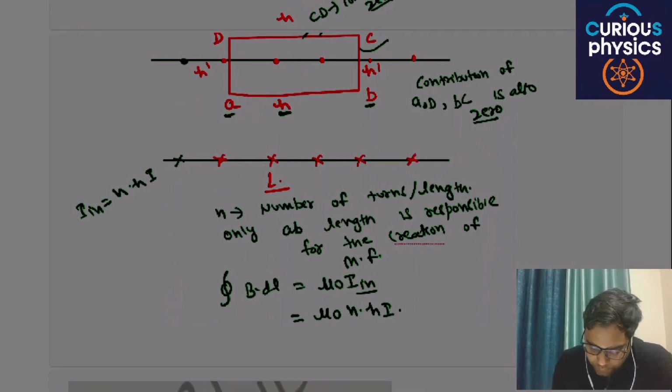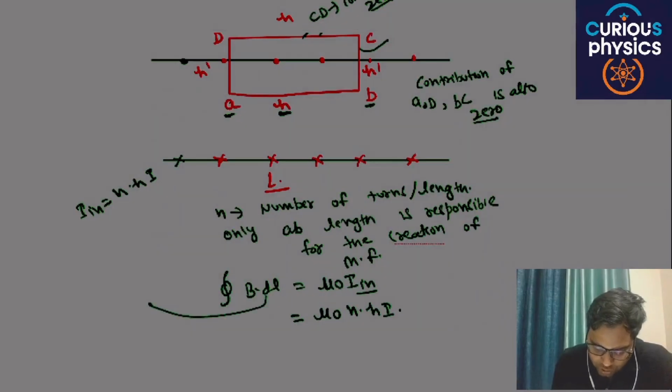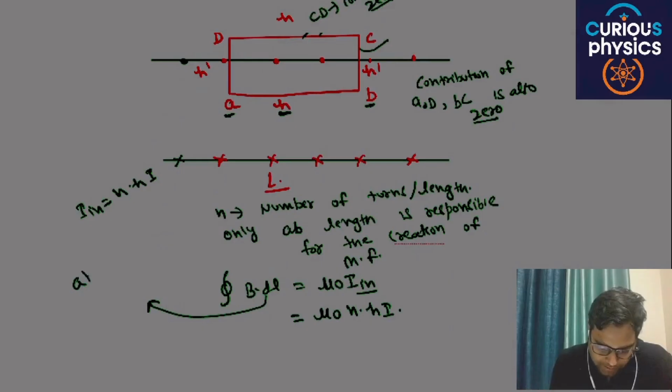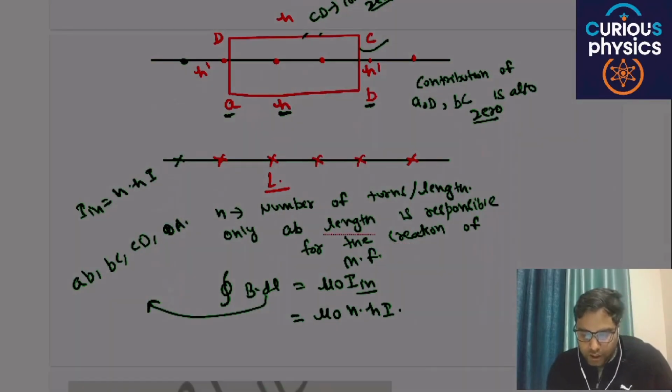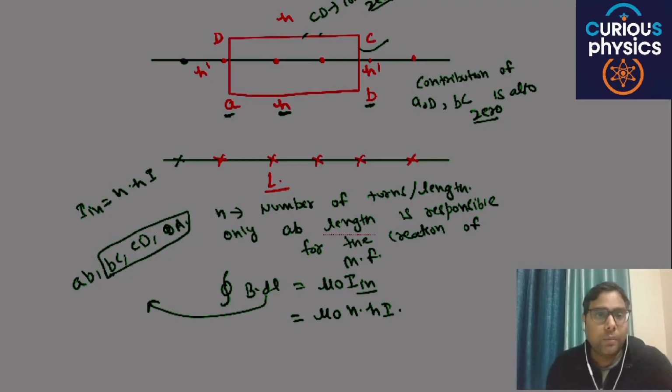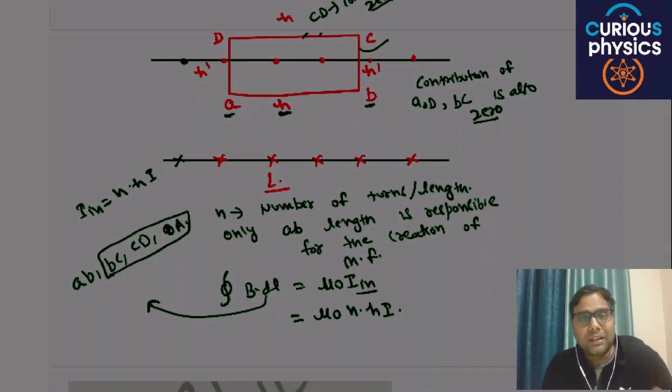In the case of B·dl, the path consists of 4 parts: AB, BC, CD, and DA. The contributions of BC, CD, and DA are zero, as we have discussed above. Their contribution toward the creation of magnetic field is zero.